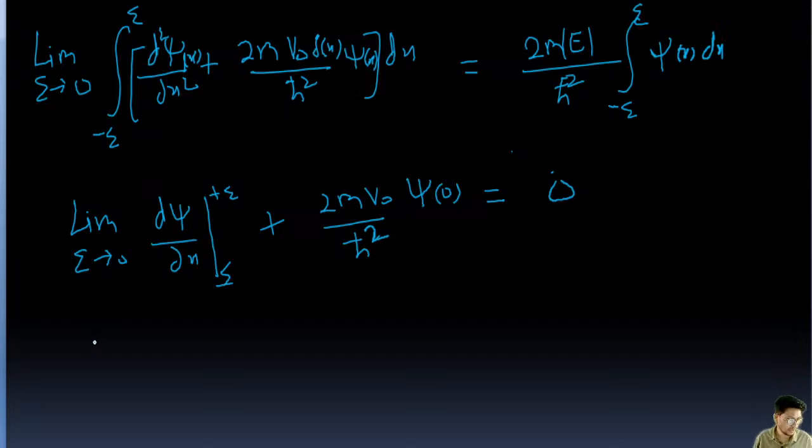Now we'll proceed further. Because here epsilon tends to 0, this is going to be d psi by dx at x equal to 0.